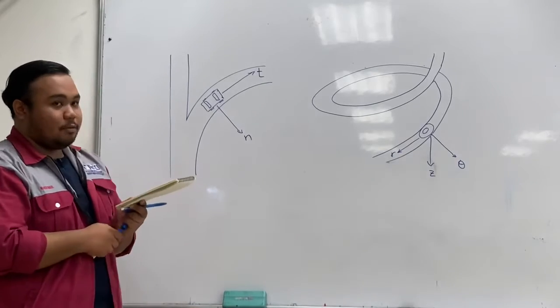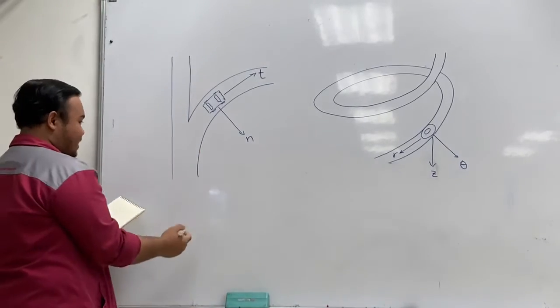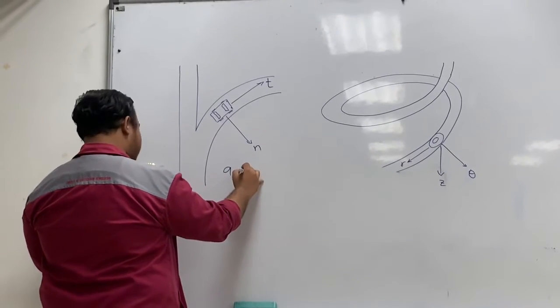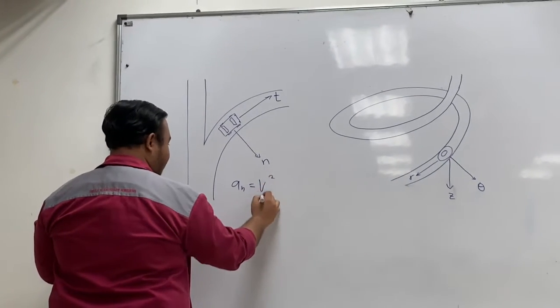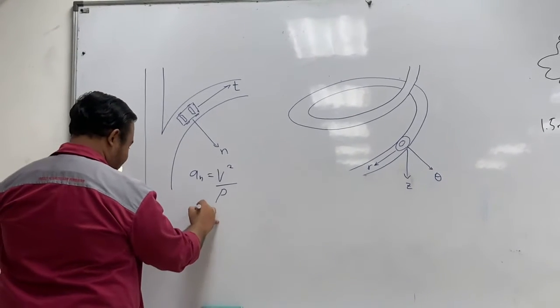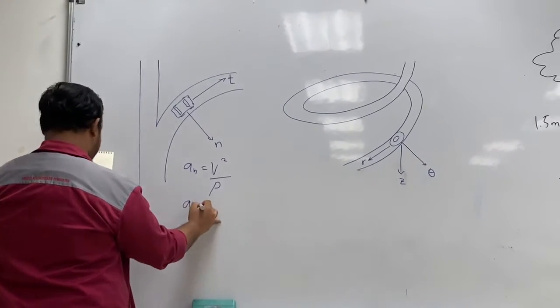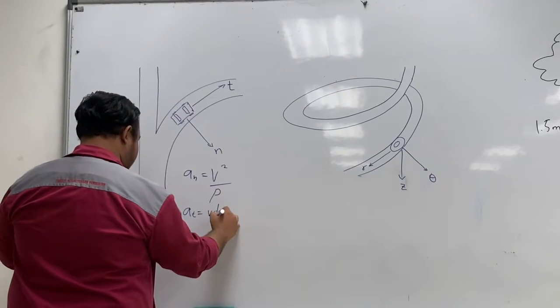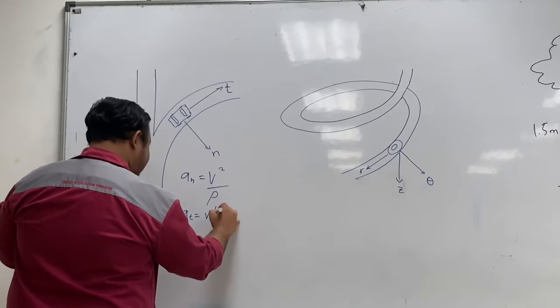The formulas used in this axis are usually a normal equals velocity squared over rho, and a tangential equals v dv over ds.